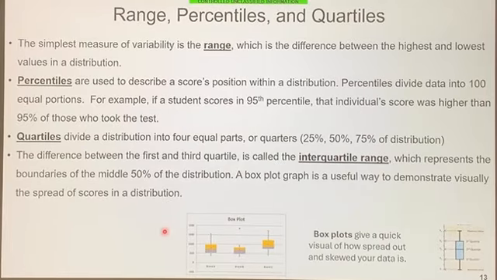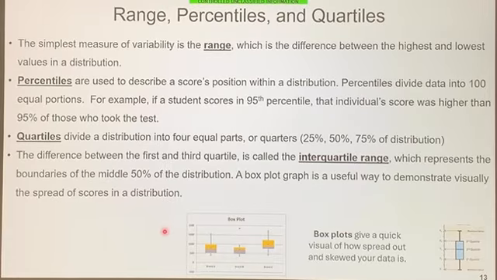The simplest measures of variability are range. We know that is the difference between the lowest and highest point. Also percentiles and quartiles, and we know about percentiles and quartiles from standardized exams, any exams. Quartiles break those percentages up into quarters.